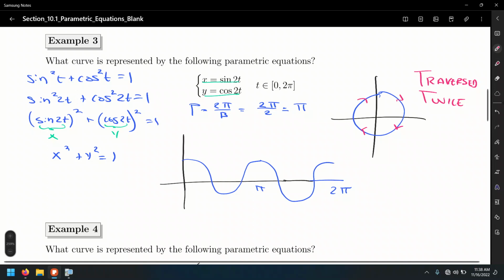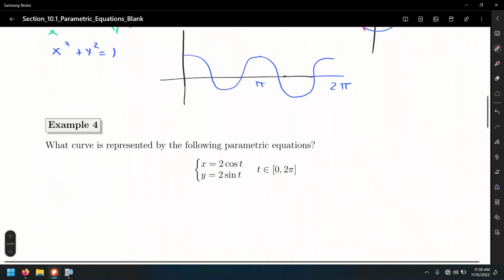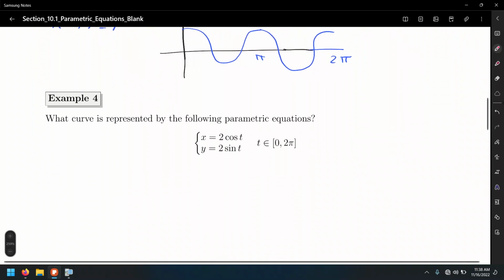So that's the difference between the two. Similarities, differences. Let's look at number 4. For number 4, we go back to the order cosine and sine. However, that coefficient of 2 is no longer inside of the angle. In fact, it is the coefficient of the trigonometric functions.